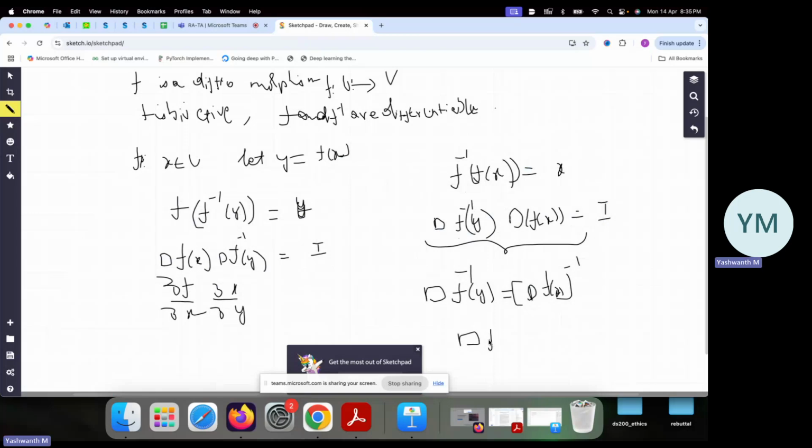D of F inverse of y is D of F of x, whole inverse.